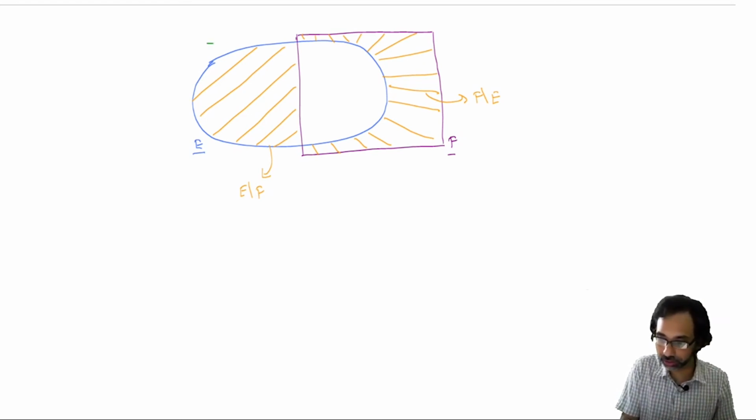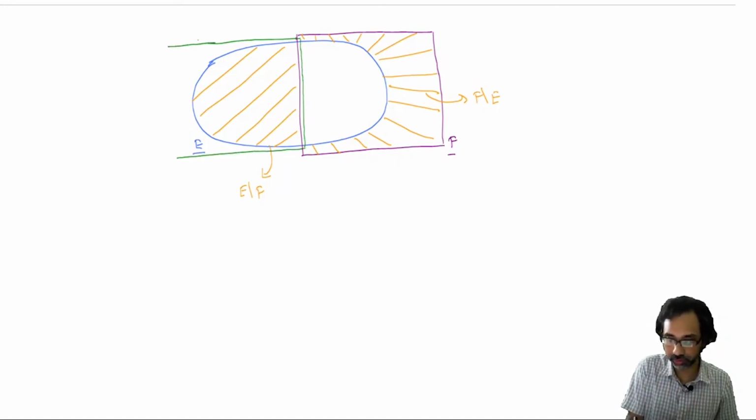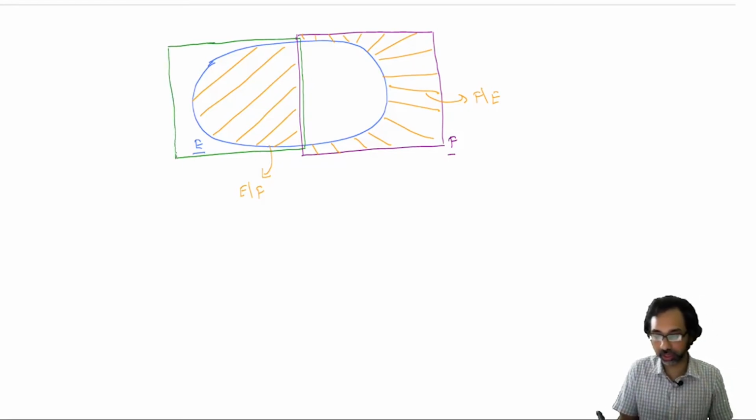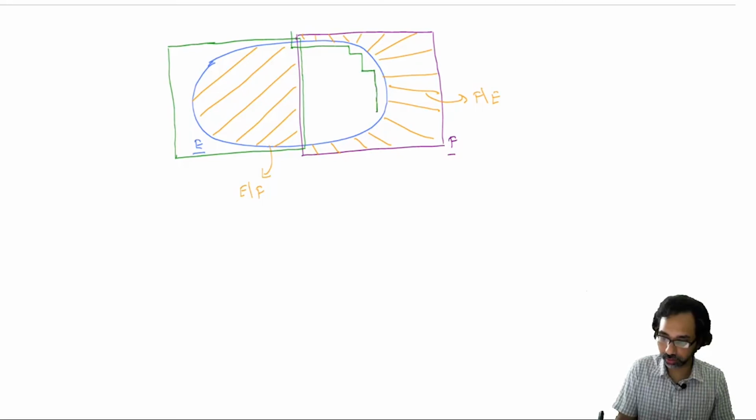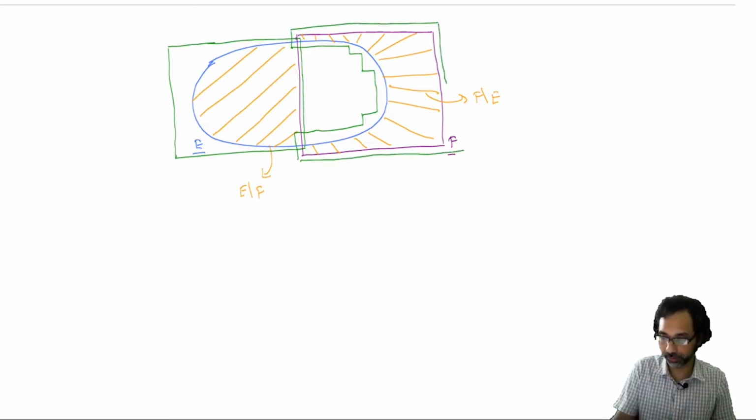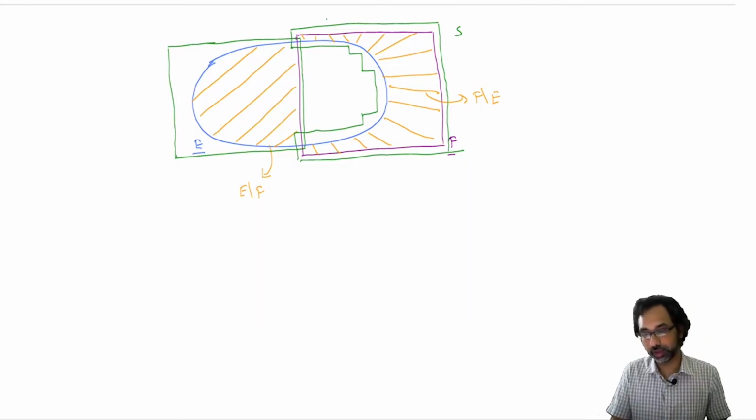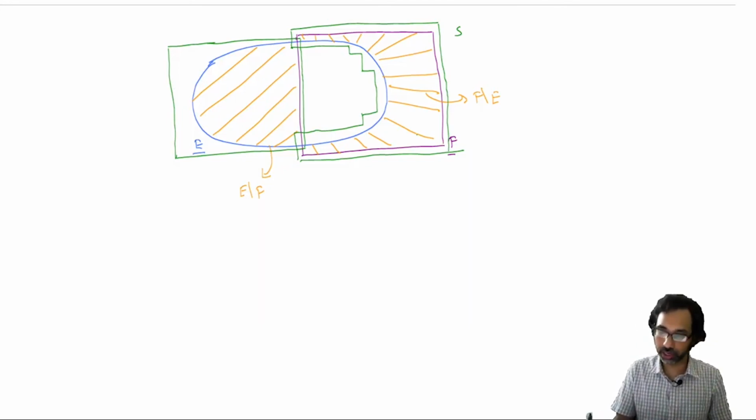So it can be something like this. So one part covers E minus F and the other part will cover F minus E. So it could be something like this. So the set S will be a union of these two regions enclosed in the green boundaries.